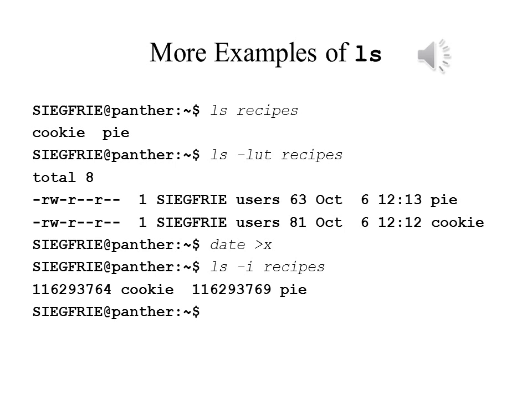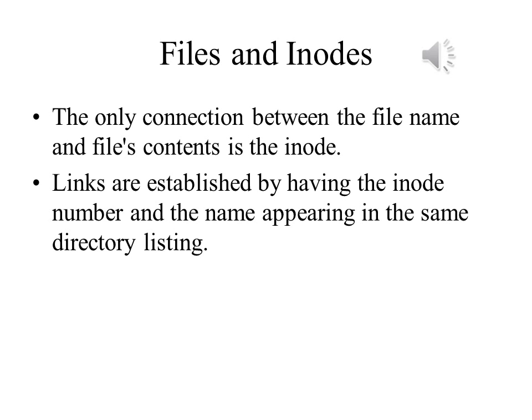At the same time, now I'm going to save date in a file called x, for the heck of it, and ls -i recipes. What you see here are the two files within the directory recipes, along with their inode numbers. We know the files that we work with by the file name.